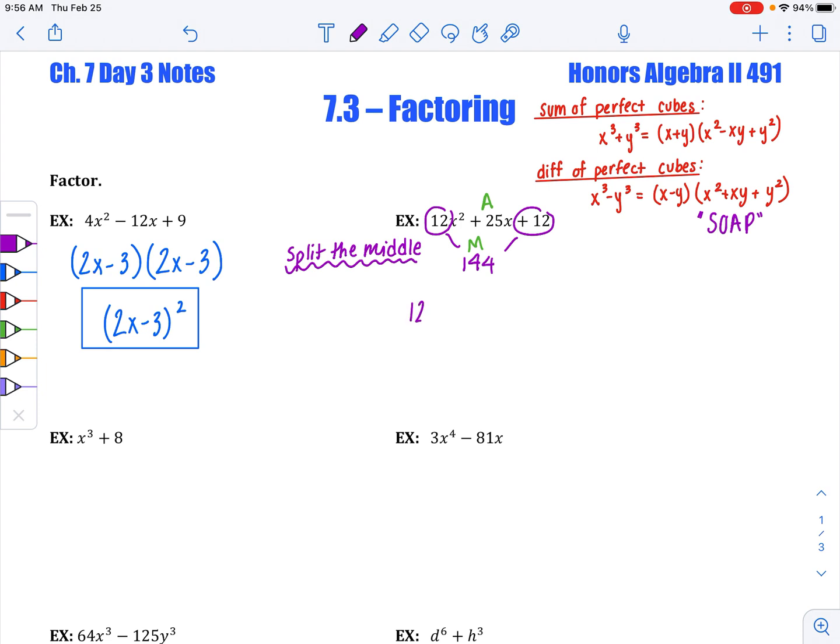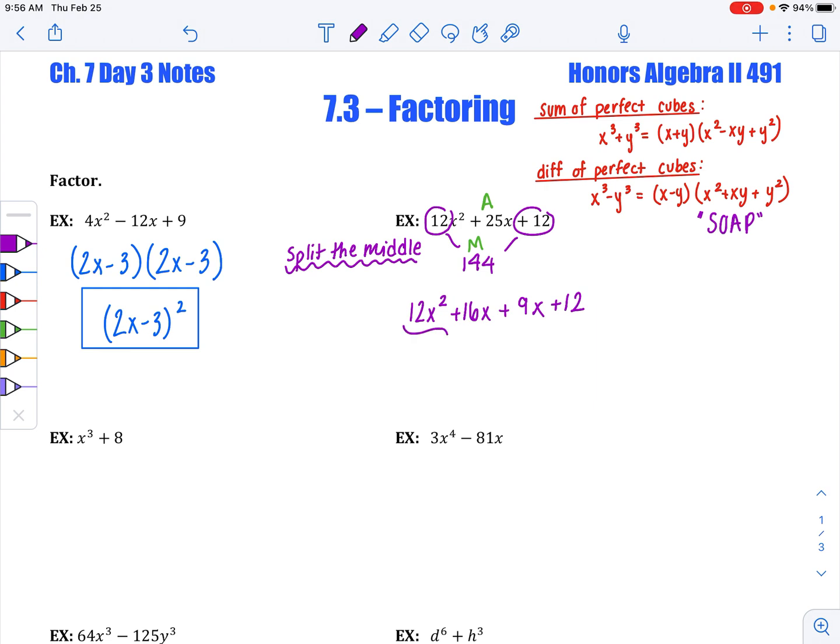Looking at this, we're going to split that middle term. You're going to leave the 12x squared. You're going to leave the plus 12 at the end, but you are splitting this middle term up. So instead of writing 25x, I'm thinking of terms that add to 25, multiply to 144, and that's going to be 16 plus 9. 16x plus 9x equals 25, and it multiplies to 144.